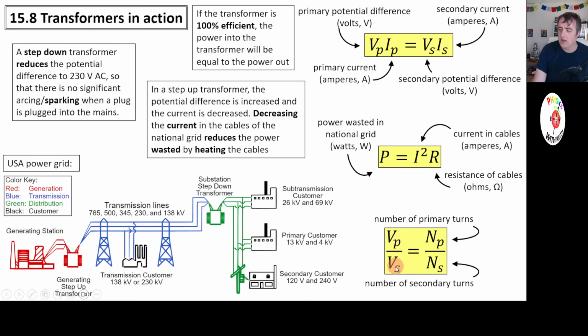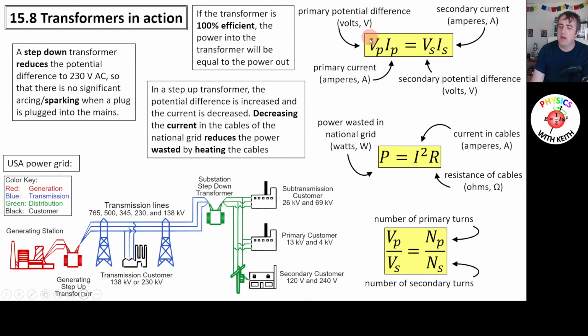Because for a transformer, if we assume it's a 100% efficient transformer, which they're actually pretty high efficiency, so it's not a terrible thing to say, the power into the transformer, that's the potential difference across the primary side multiplied by the current passing through that primary winding, is going to be equal to the power coming out the other end. That's the potential difference across the secondary coil multiplied by the current passing through the secondary windings. So that is power equals potential difference times current.